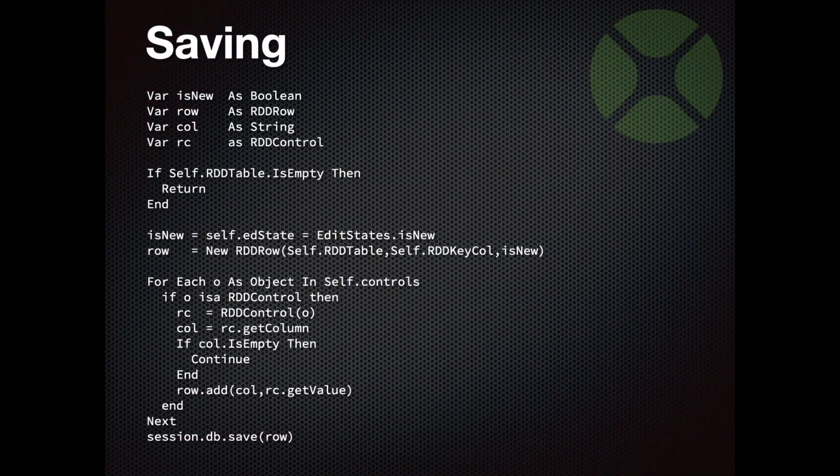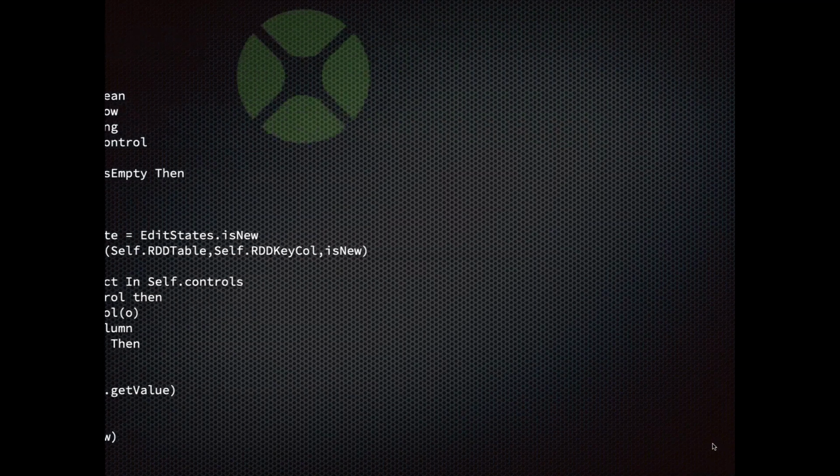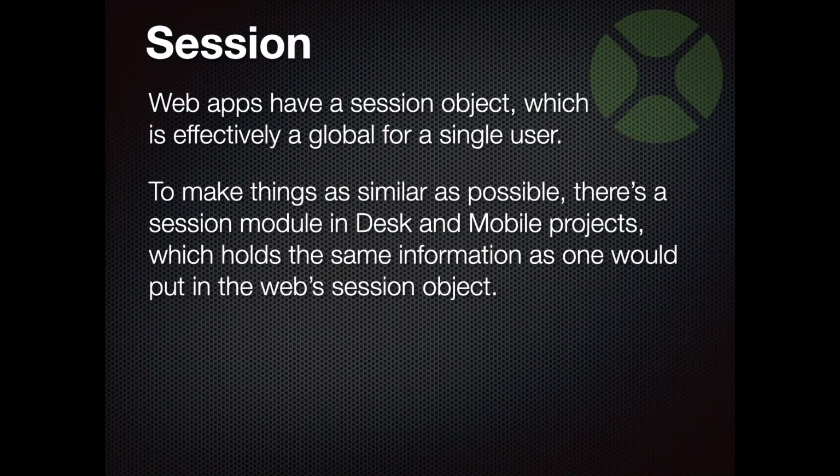And saving is basically the same thing, backwards. It's possible you have a container that doesn't have a table. We just bail. Okay. Well, this is going awfully fast. It's all right.